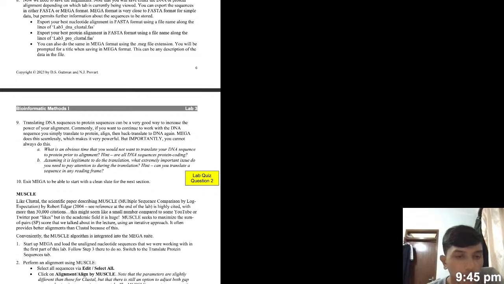So if your DNA sequences are too divergent to get a good alignment, and you see lots of insertions or gaps being present, you can try aligning their amino acid translation and then translating the sequence back into DNA.